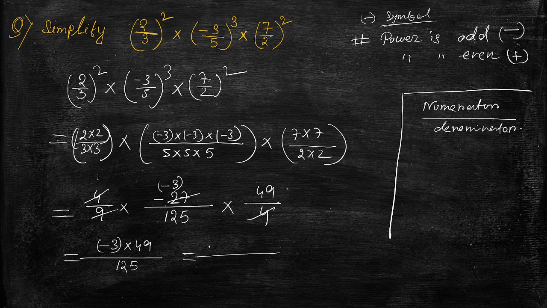So minus 3 into 49 is minus 147, and this is 125. Now you can let it be like this, or you can make it a mixed fraction also.